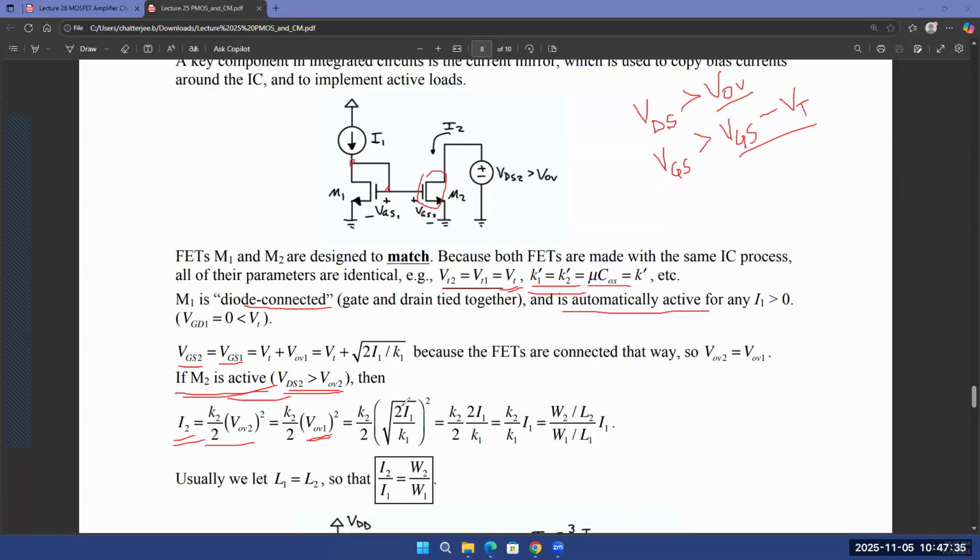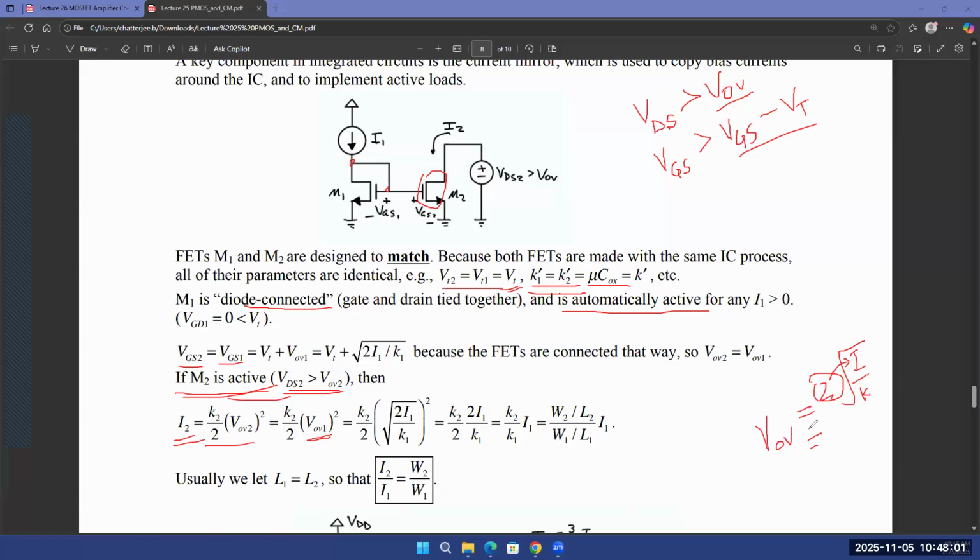And just remember to use the formula correctly, because in the homework problem, I saw some of you had used V overdrive as 2 times square root of I over K. That is not correct. Right? So this 2 has to be inside the square root. Again, just think about the fact that GM is equal to K times VOV.